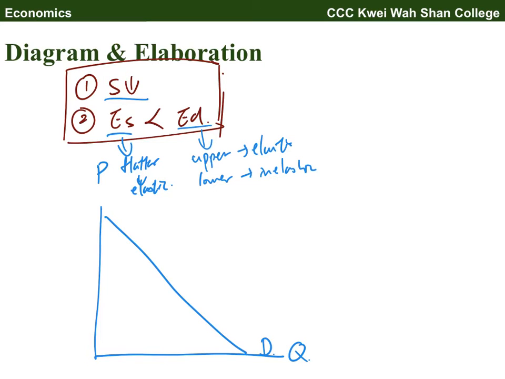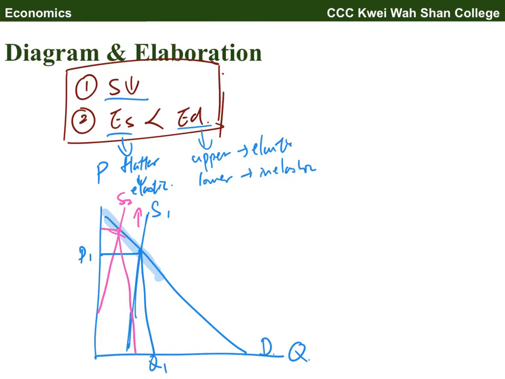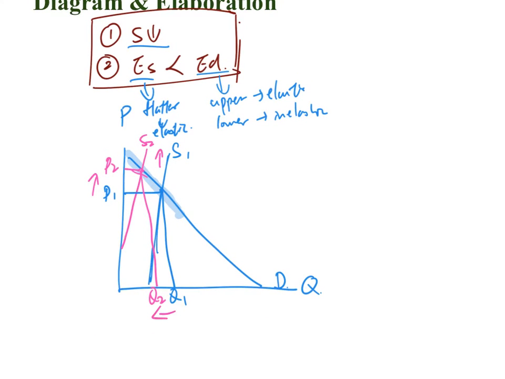So on the upper part of the demand curve, we try to draw a vertical line as the supply. And how about the change? Then that will be simple. Supply will decrease. Then we have the original P1, Q1, then P2, Q2.